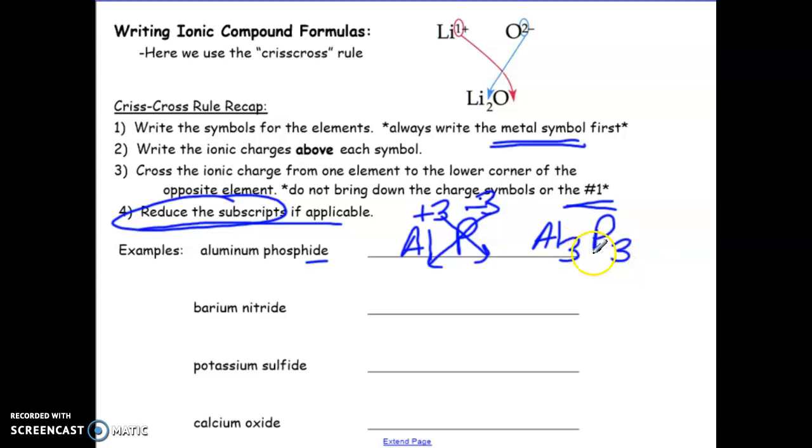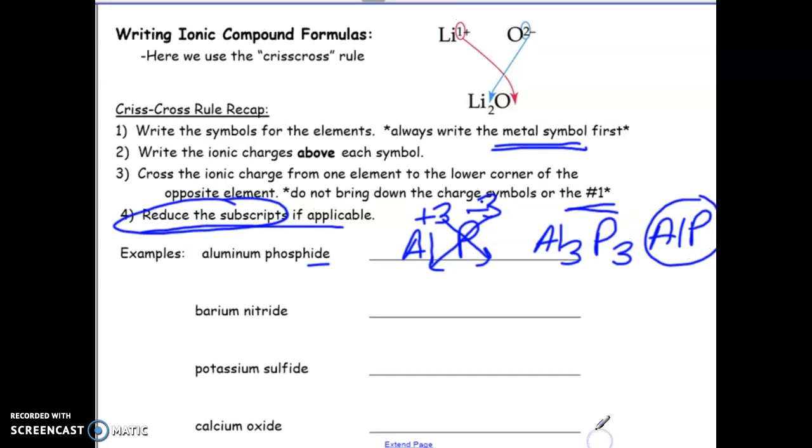Right, so we can divide 3 by 3 and 3 by 3. What that means essentially is that aluminum phosphide, instead of being Al3P3, would simply become AlP. Remember, we don't write in the number 1. So it's like we're saying 1 aluminum and 1 phosphorus. What we care about here is actually the ratio of elements. So 3 to 3 is the same thing as saying 1 and 1.